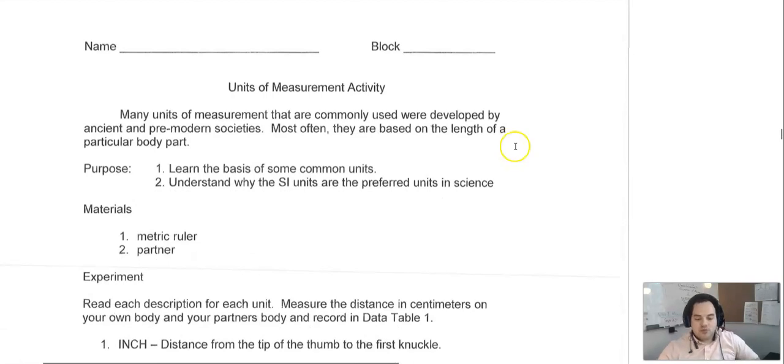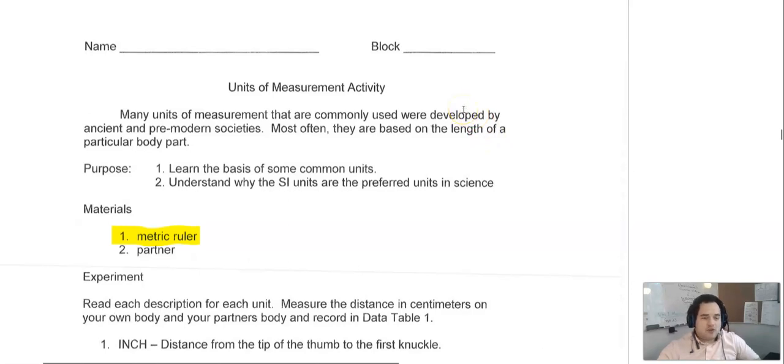For the units of measurement activity, it's going to be challenging to do if you do not have a metric ruler. You could always try to print one out. That's something that might be possible. You'll have to look into it.